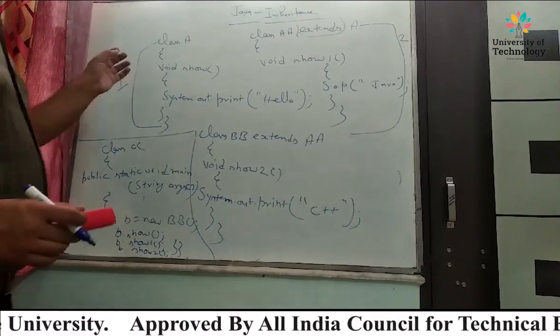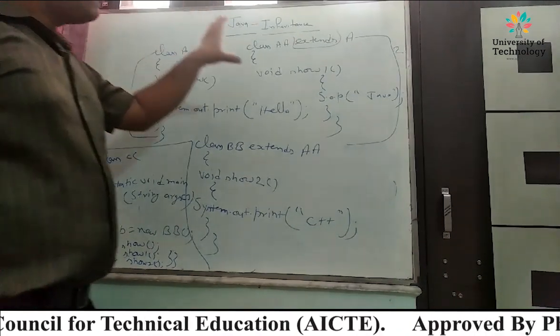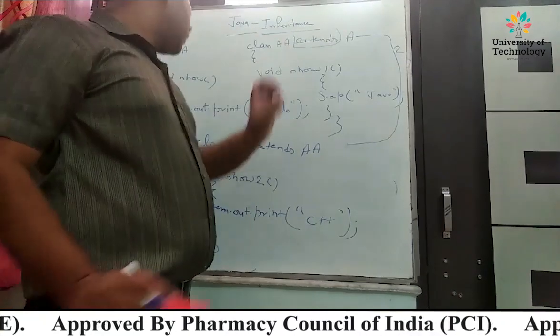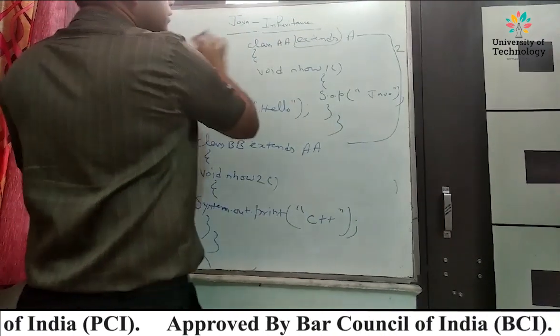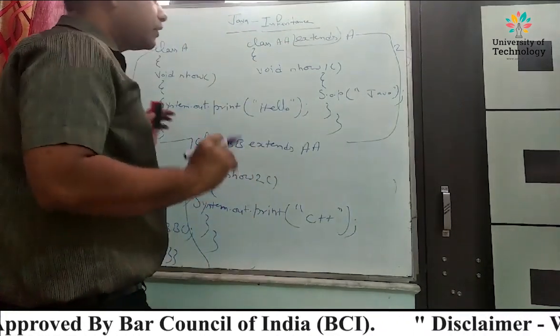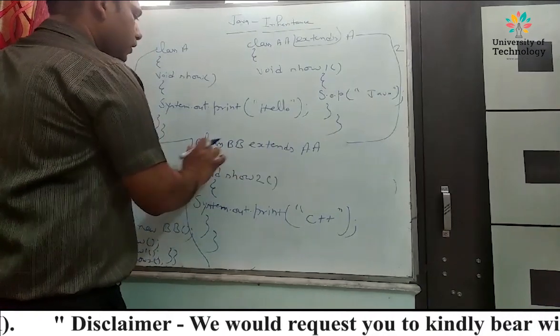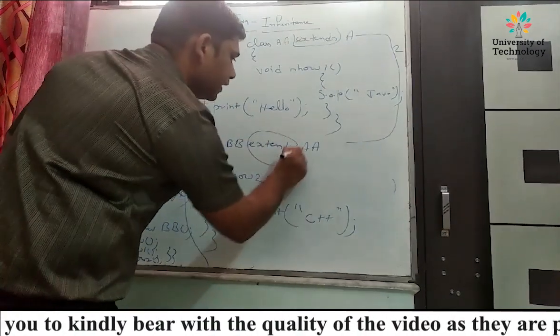Once again, we go through it. First of all, we have to make class 1. Second, we make the second class, AA extends A. We have joined and connected this class with this class. Next, class BB extends AA. We have joined this class with this class with the help of the extends keyword.